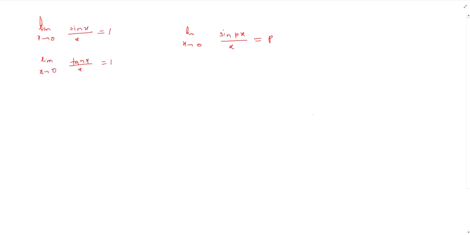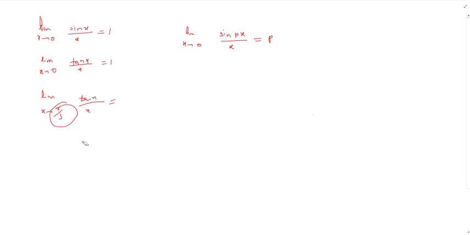Remember one more very important thing: our limit should be x tends to 0. If the limit is other than 0, say pi by 2, pi by 3, pi by 4, pi by 6, and the given function is tending to 0, then we have to reduce this limit to 0. How?